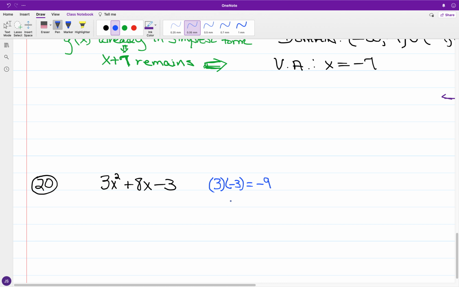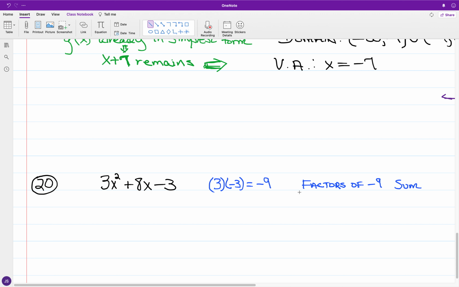We're finding factors of negative 9 whose sum or difference will be positive 8.